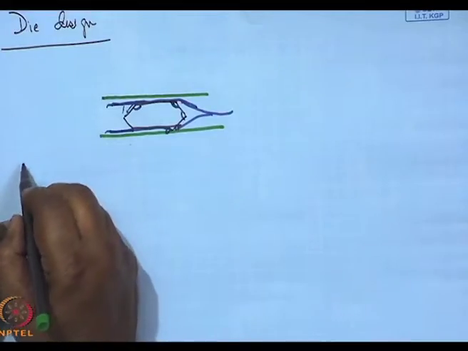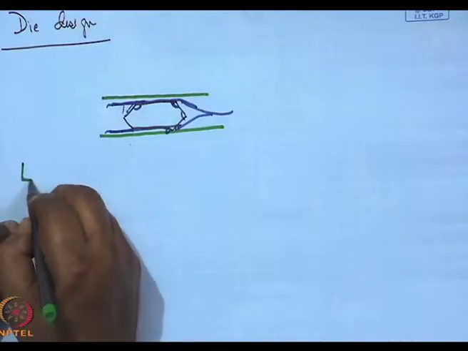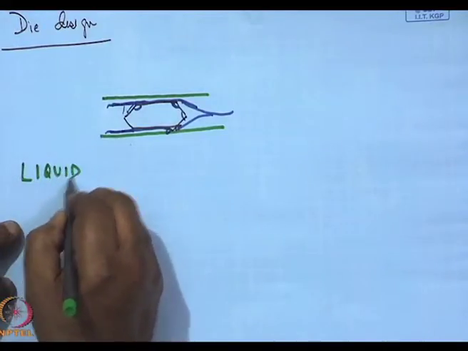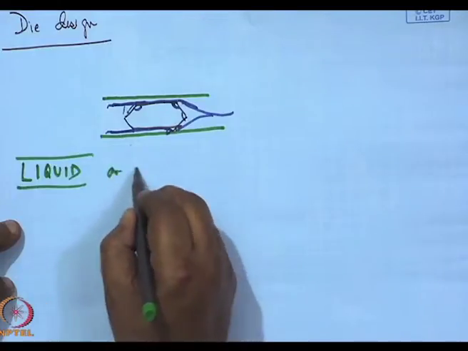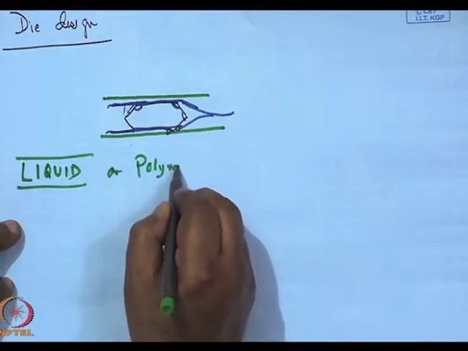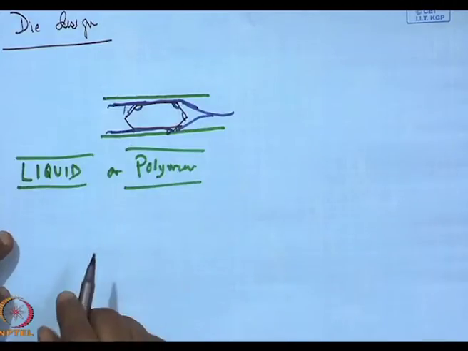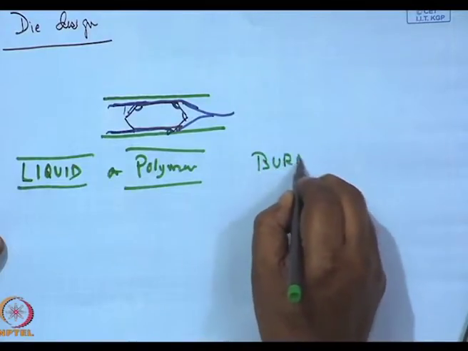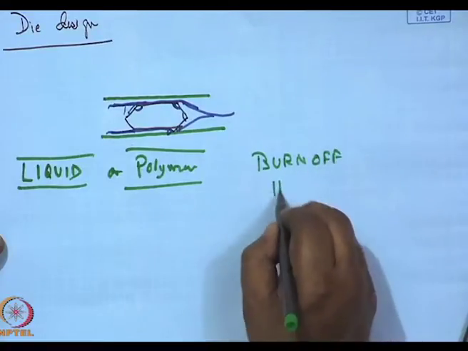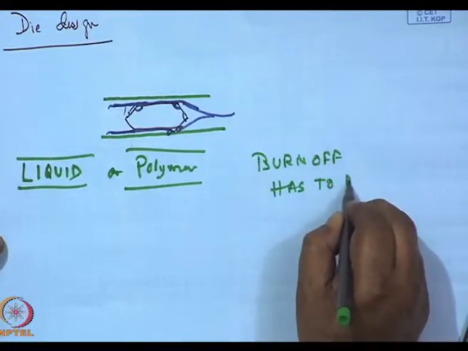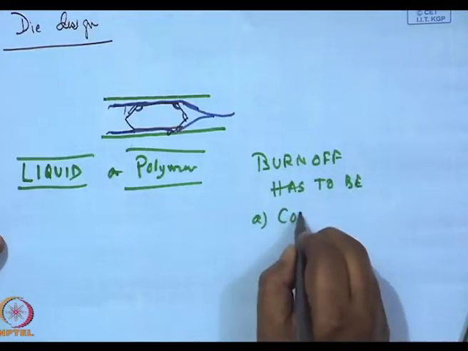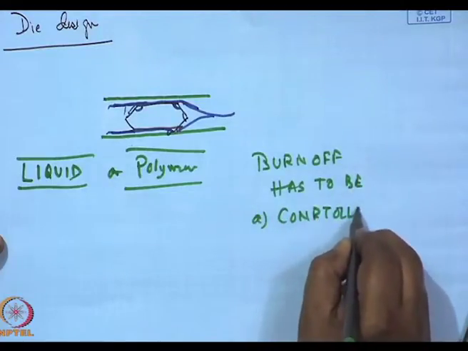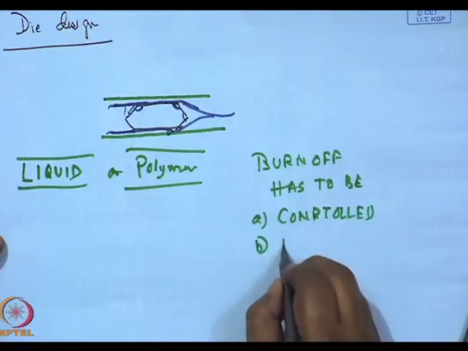The third aspect is there is a significant amount of liquid or polymer in the green body. So, as I had said, burn off has to be A, controlled, B, reproducible.